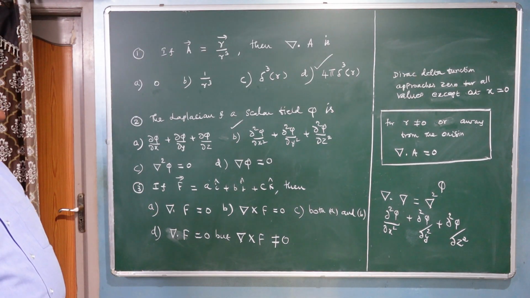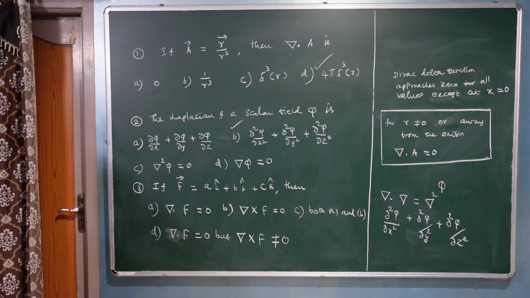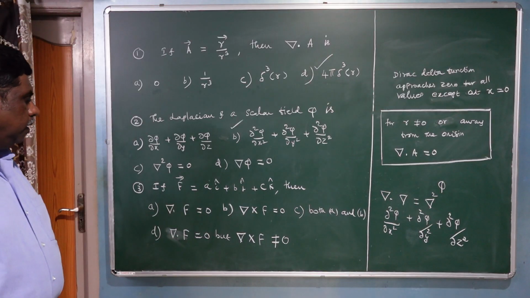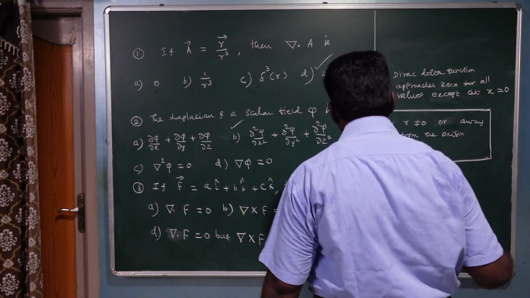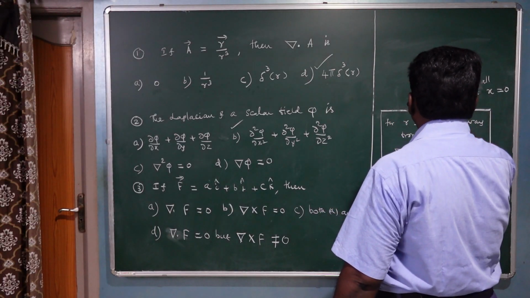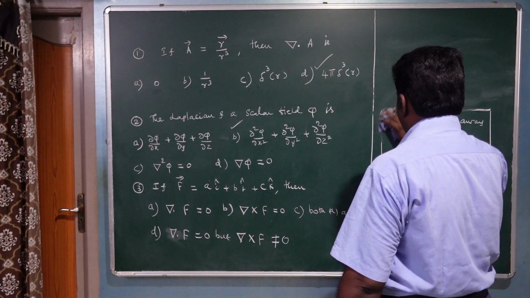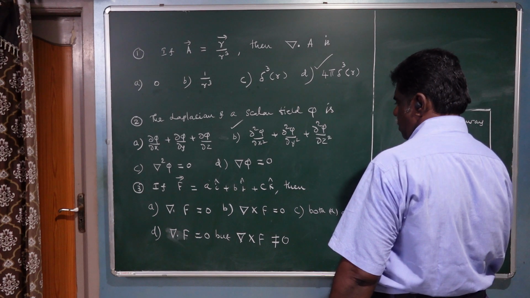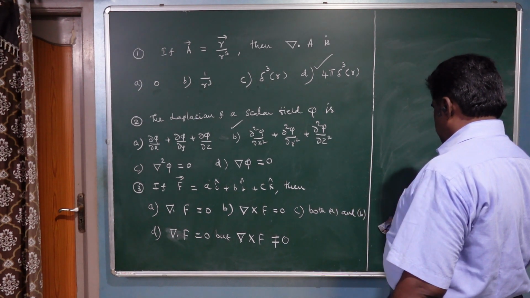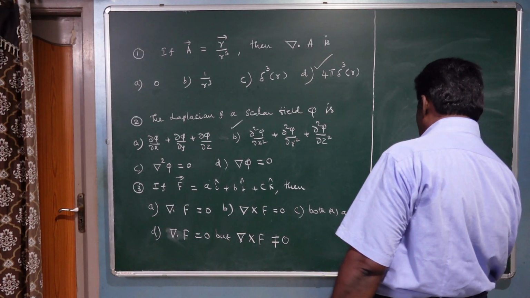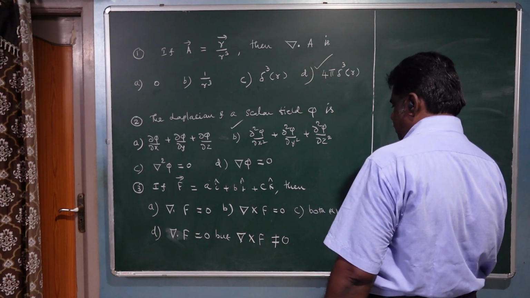Now see the third problem. If vector f is equal to a into i plus b into j plus c into k, then option A, del dot f is equal to 0. Option B, curl f is equal to 0. Option C, both A and B are correct.